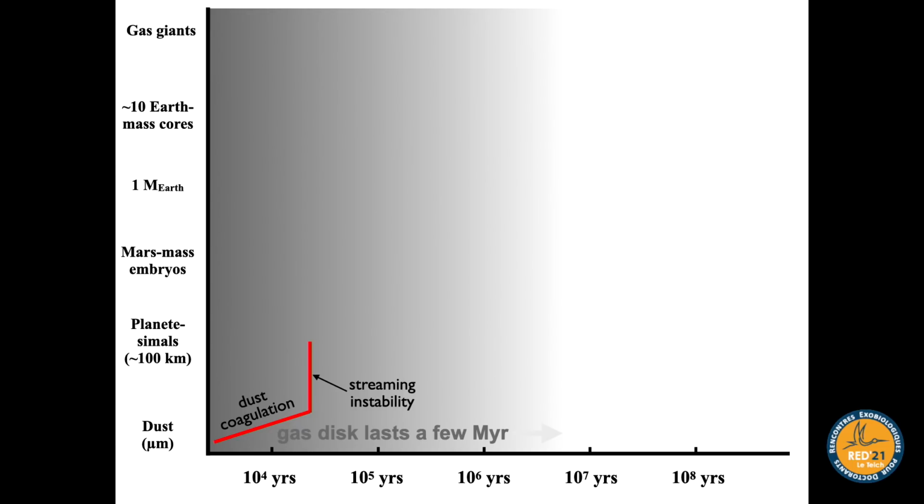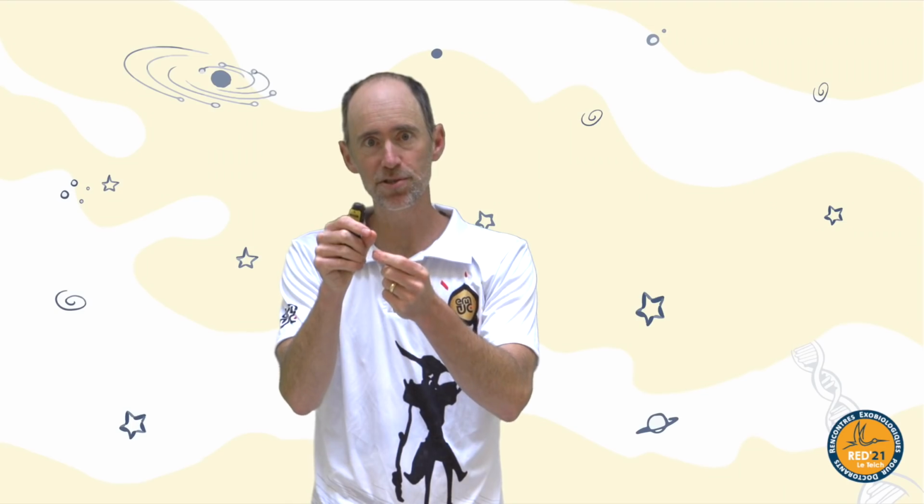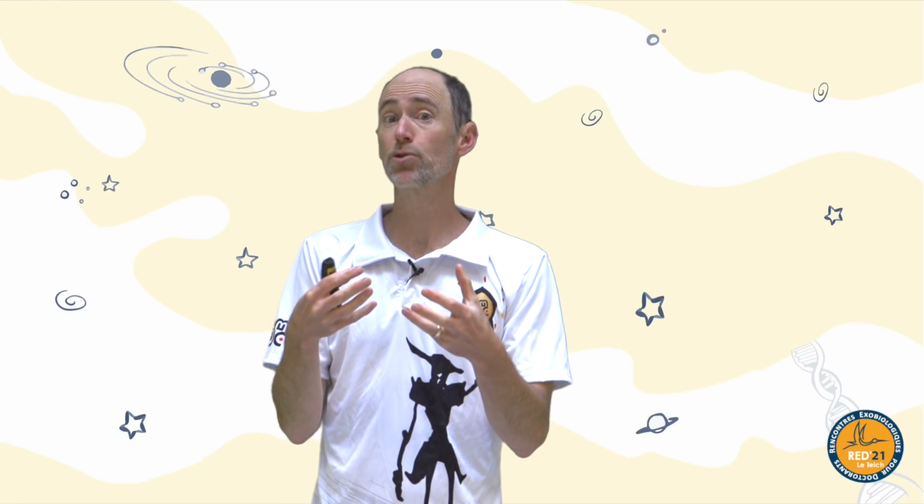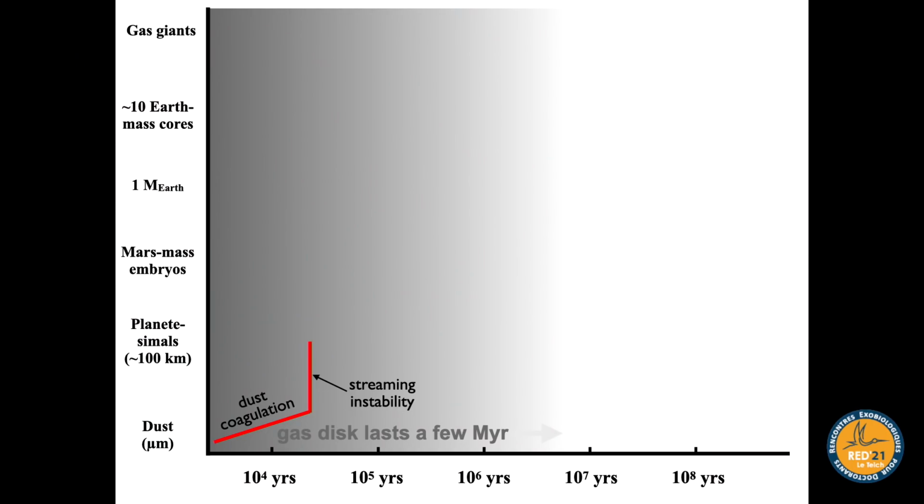Then those pebbles can drift, they can clump in certain places and grow by the streaming instability into planetesimals. This is a key big jump in size from millimeter, centimeter sized things up to 100-kilometer scale planetesimals.